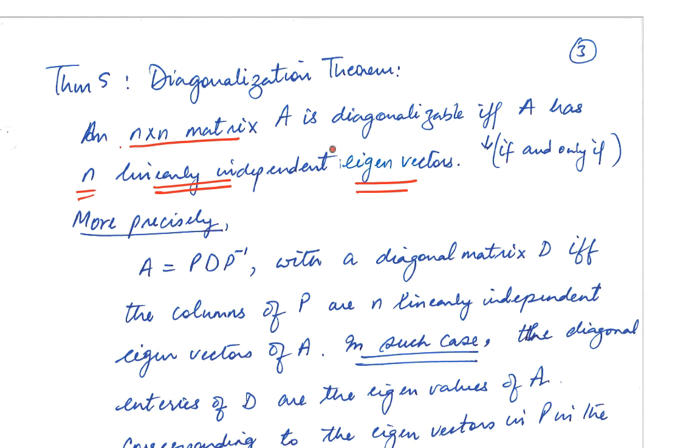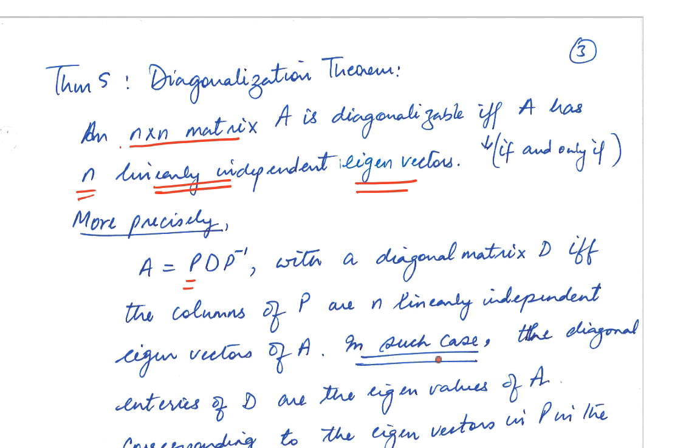If I say my matrix is diagonalizable, that means can I find n linearly independent vectors? The question is, how can we get those linearly independent vectors? Remember, those vectors are nothing but the columns of that invertible matrix P. So when we say that A is diagonalizable, that means A can be written as P times D times P inverse, where D is a diagonal matrix and P is the matrix consisting of all the eigenvectors corresponding to those eigenvalues.